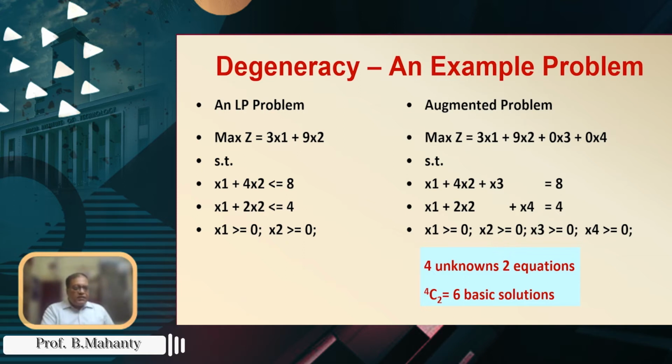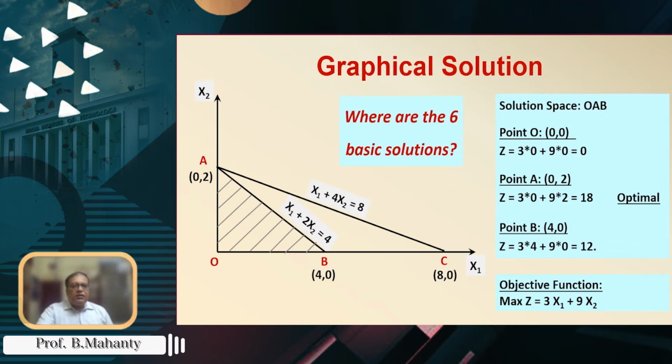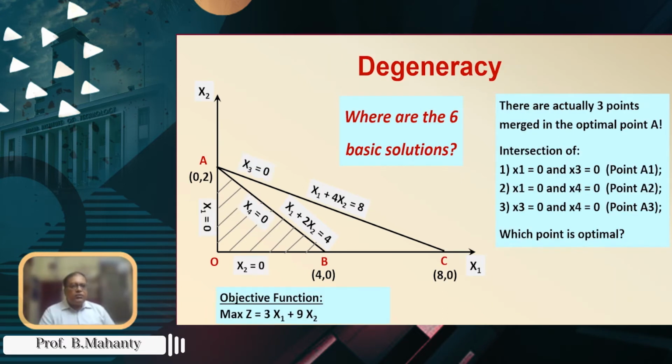So the two constraint lines are actually x3 equal to 0 and x4 equal to 0. And obviously we have the two axis lines x1 equal to 0 and x2 equal to 0. So if we plot them, this is the x2 axis, that means x1 equal to 0. This is the x1 axis, x2 equal to 0. And this is x1 plus 4x2 equal to 8, so x3 equal to 0. And x1 plus 2x2 equal to 4, so x4 equal to 0.